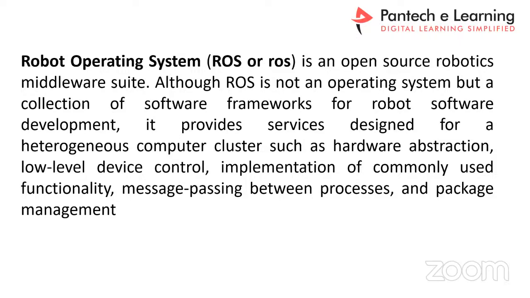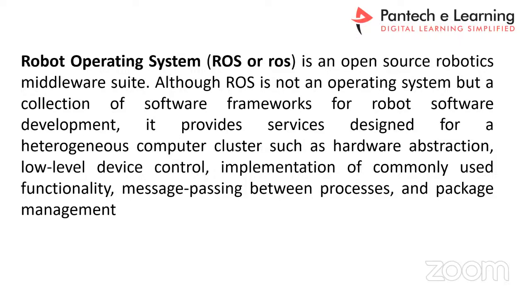All these are hardware elements that we need to access. ROS has different packages that can be used for accessing all this hardware. That's why it's called hardware abstraction. Hardware abstraction means the hardware can be accessed through a certain set of software packages, so that we don't need to bother about the hardware and its complexities. We can directly access the hardware abstraction layer.